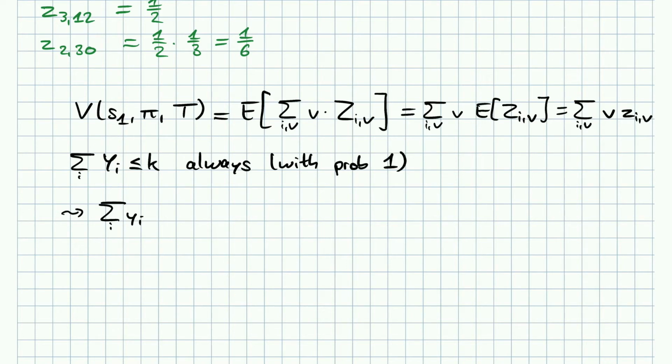And what does this mean for the small y_i, given that we can open at most k boxes? Well, the sum of the small y_i is nothing but the sum of the expected capital Y_i, which is nothing but the expected sum of the capital Y_i. And because pointwise this is at most k, this will also have to be at most k.